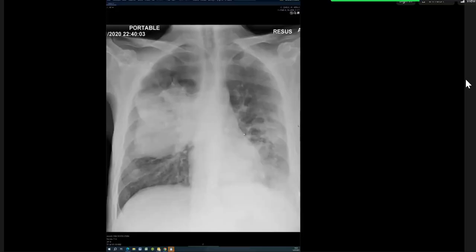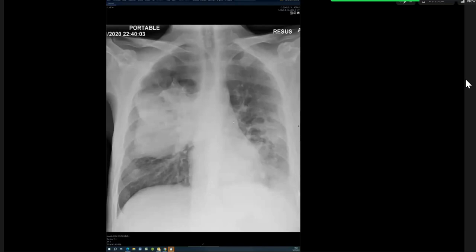Not so typical of a hemorrhagic pattern because this is very dense and occupies a very high location. But again, it's not typical of the bat-wing appearance of pulmonary edema.